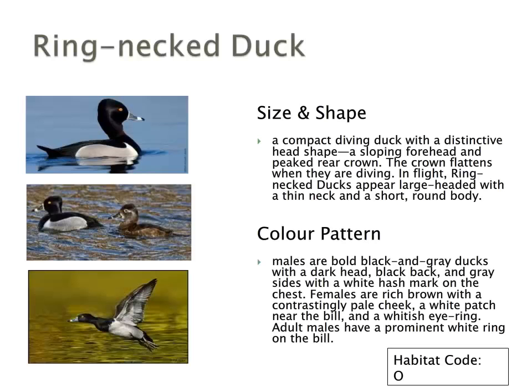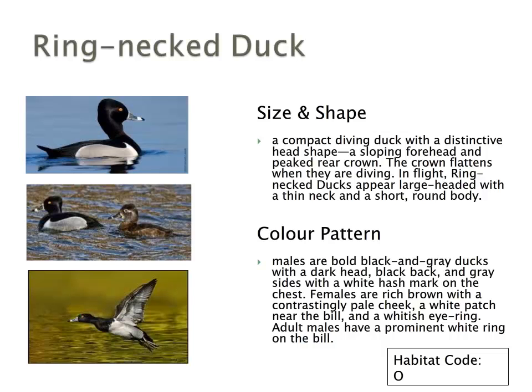The ring-necked duck is a relatively compact diving duck. It's got a very unique head shape, a sloping forehead, and peaked rear crown. So you can see the profile of this duck head in the first image there. In flight, they appear relatively large-headed. As you can see, their head size is relatively large in proportion to their body. The males are a bold black and gray duck.